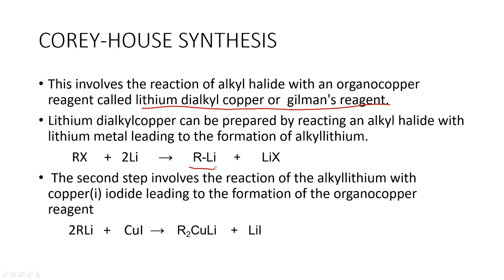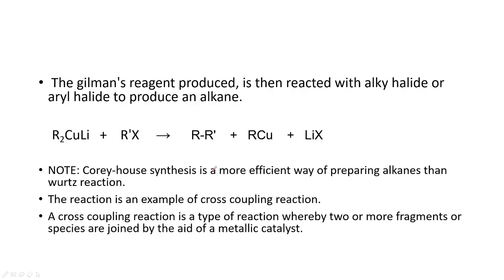Now that's just like the full thought. Now let me just go further. The Gilman reagent produced is then reacted with an alkyl halide or an aryl halide to produce an alkane. Now we can see from this equation of the reaction that the Gilman's reagent produced, let me just call this Gilman because it's better than calling it lithium dialkyl copper, that's too long, is then reacted with an alkyl halide. Now this alkyl halide can be any other form.